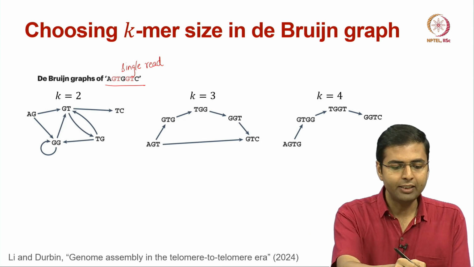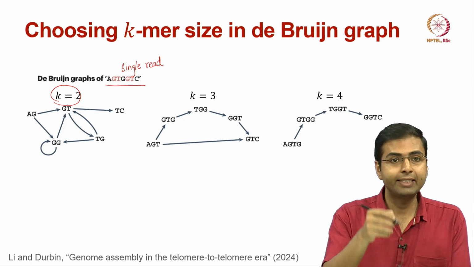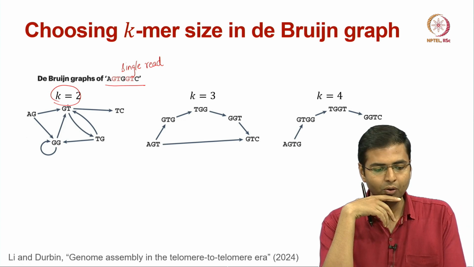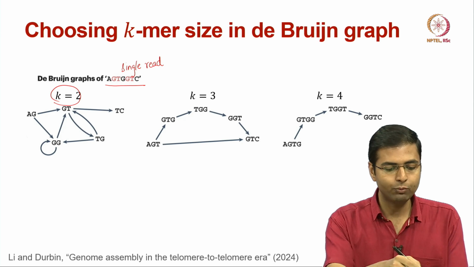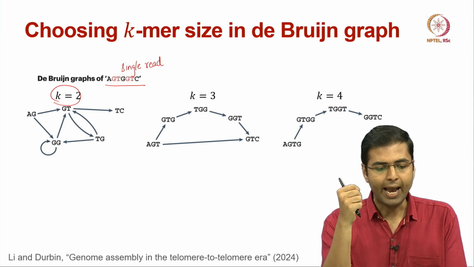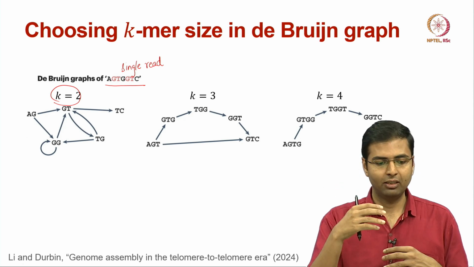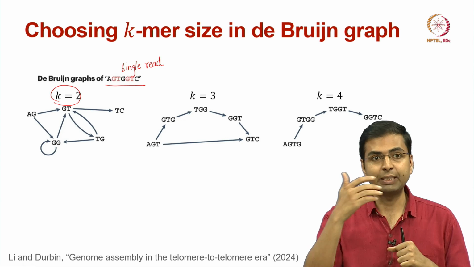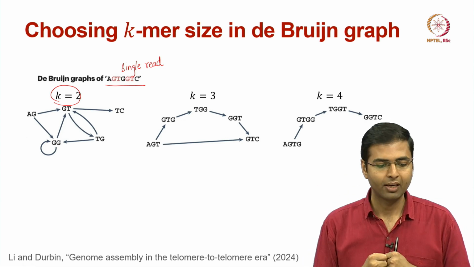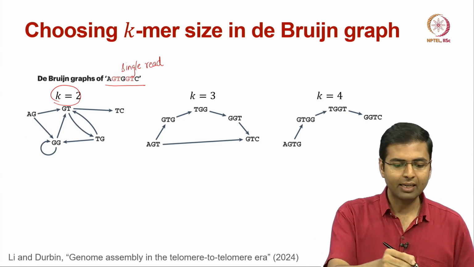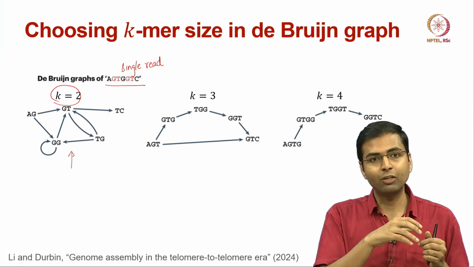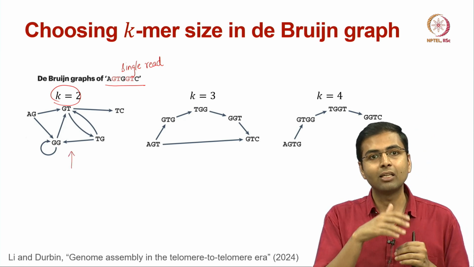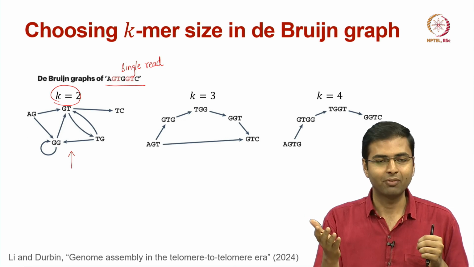So if you consider a small value of k, that is k equals 2, you observe that your vertices are of length 2. So all these vertices are 2-mers, and you draw an edge when you observe a suffix prefix match of length 1. Now in this case the graph looks very dense, that is you do not see a chain like structure where you can easily spell the sequence from left to right.